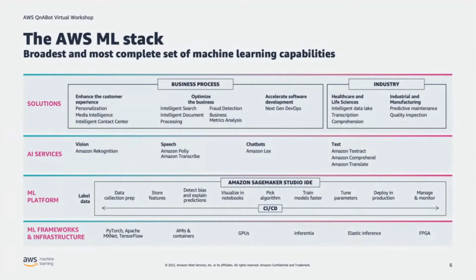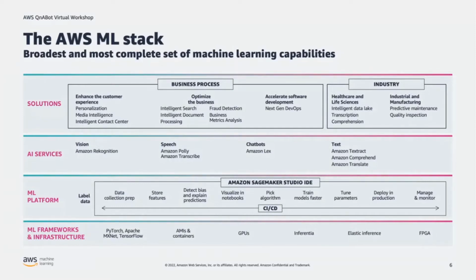At AWS, we have the broadest and most complete set of machine learning capabilities. From the very bottom going up, we provide infrastructure and the frameworks to build AI/ML solutions. We have the software, such as Amazon SageMaker, to go from data prep collection all the way to deploying machine learning models in production.